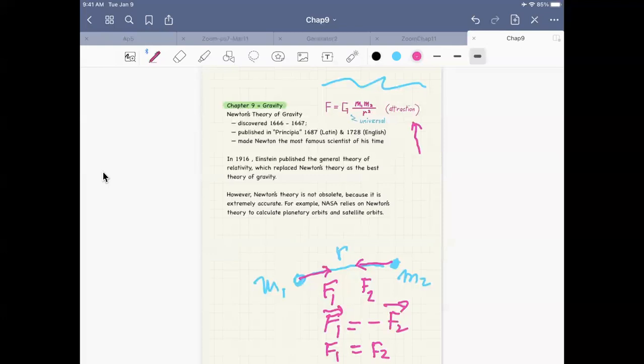Then there's the product of the two masses, say the mass of the Earth and the mass of the Sun, or the Earth and the Moon, or the Earth and you, your mass. That's the numerator here, divided by the distance squared. If we think of these masses as spheres, r means the distance between their centers, like in this picture.